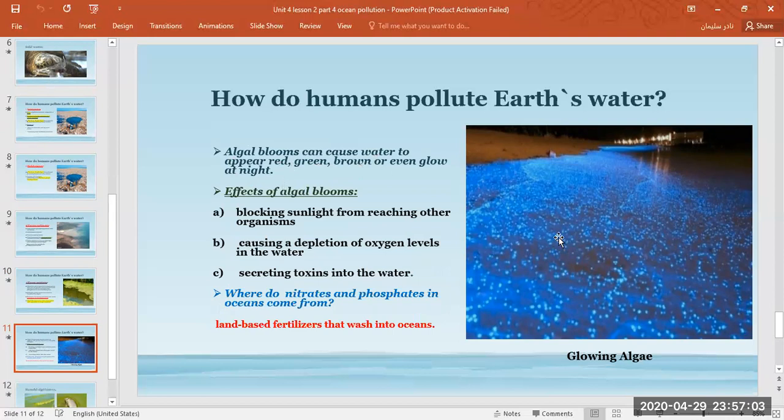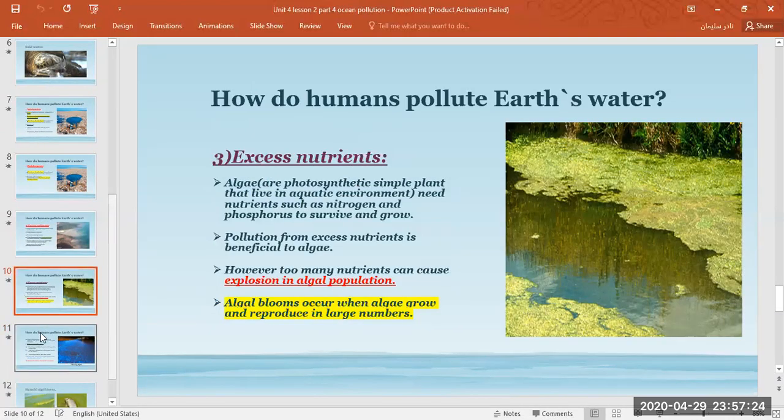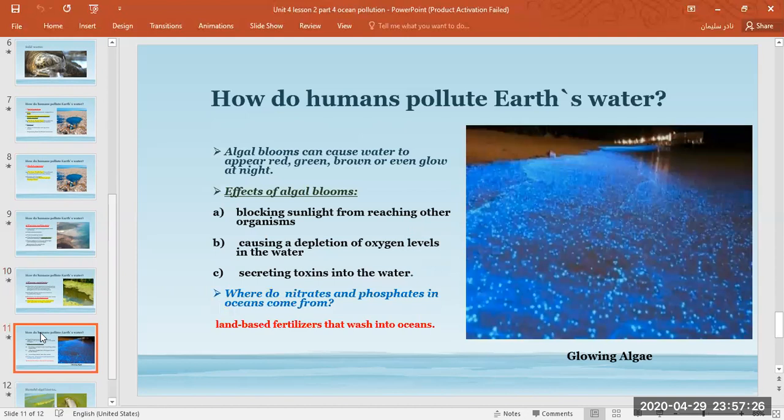So an algal bloom is the result of overgrowth of algae in the ocean. Why do they grow more and more? Because of the excess in nutrients. More phosphorus and more nitrogen cause the algal bloom.